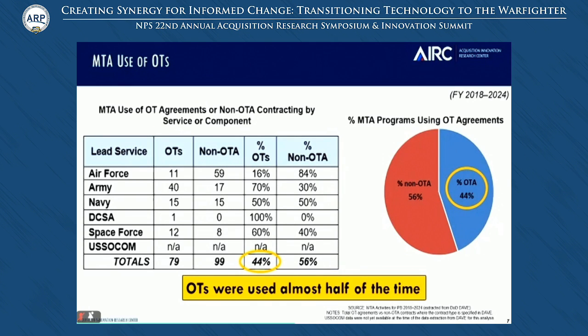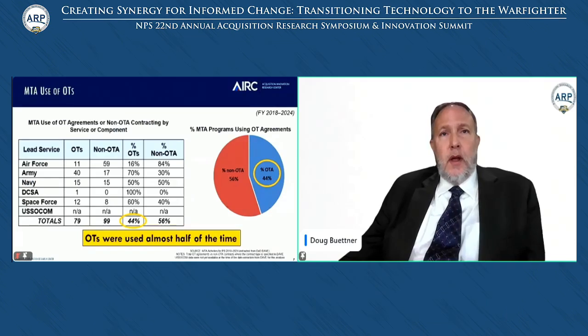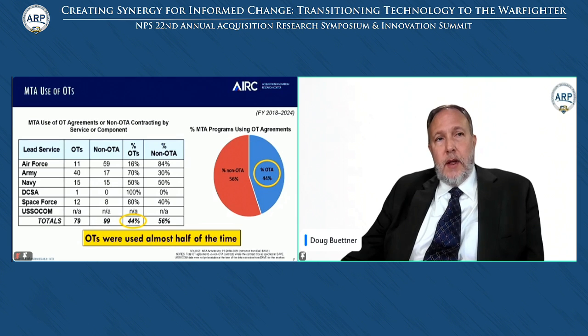To go through a little bit more detail on some of the aspects that Phil was pointing out. For the MTA use, when we break it down by service, for the overall percentages, we see that the Air Force's use of non-OTA had pretty much biased the data towards non-OTA use.